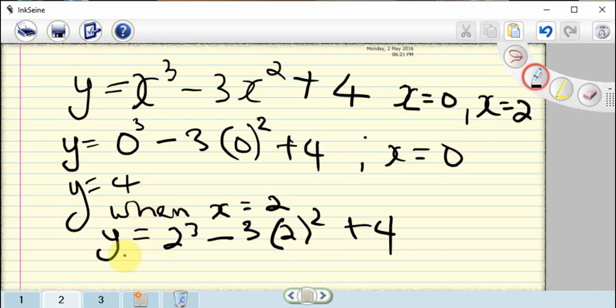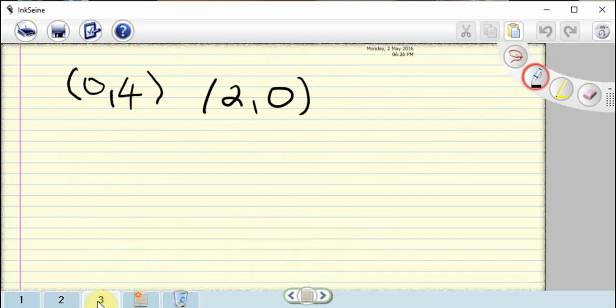Right? So that's 8 minus 12 plus 4, which is 0. So that means that the coordinates for the stationary points are going to be 0, 4 and 2, 0.